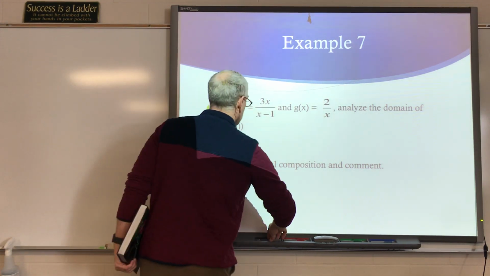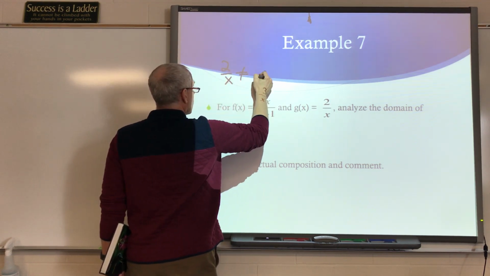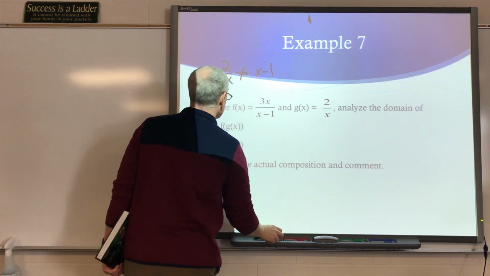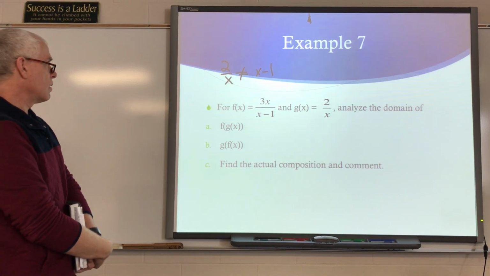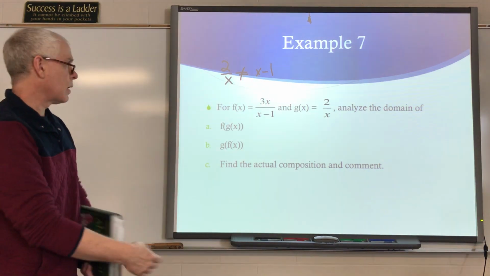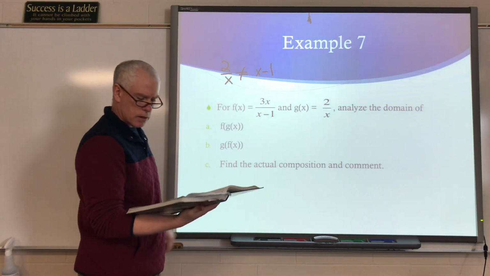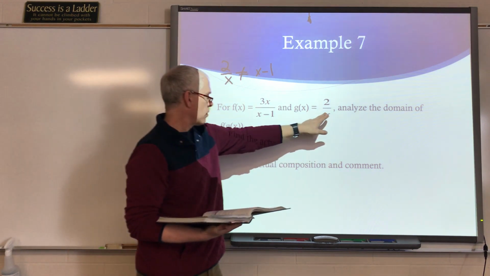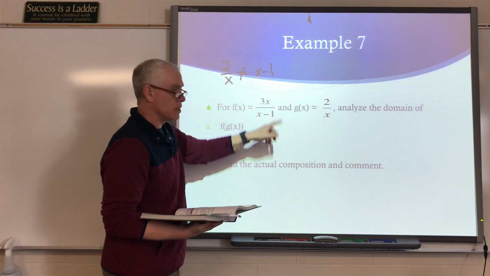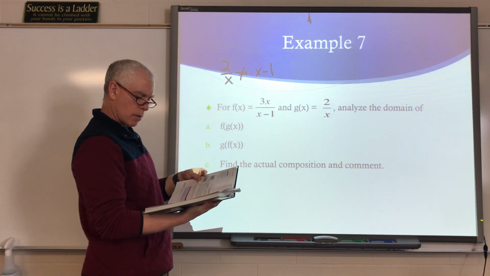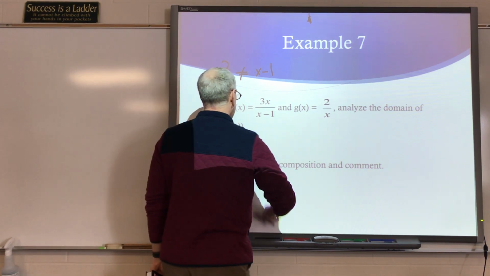So g of x, which is 2 over x, can't equal 1. What x would generate that? x would have to be 2, so I have to eliminate 2 as well, because 2 over 2 would give me a 1, which would then go into there and give me a 0. So I have to eliminate 0 for this one, and I have to eliminate 2, because when I put a 2 in, I get a 1, which makes the denominator here 0. So we're talking about all real numbers except for 0 and 2. So that would look like that.